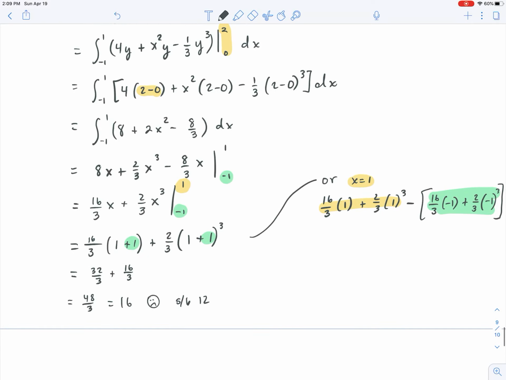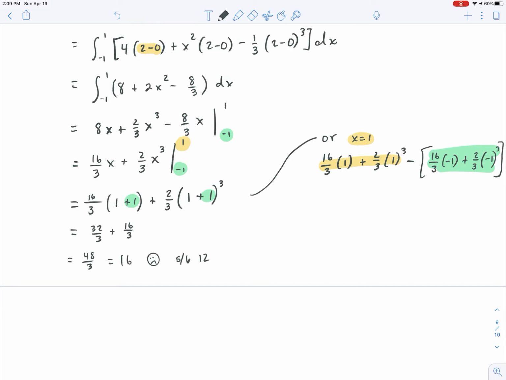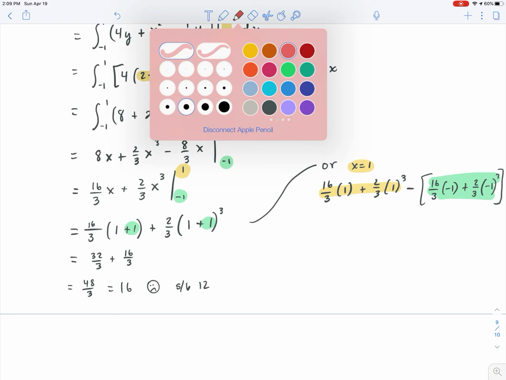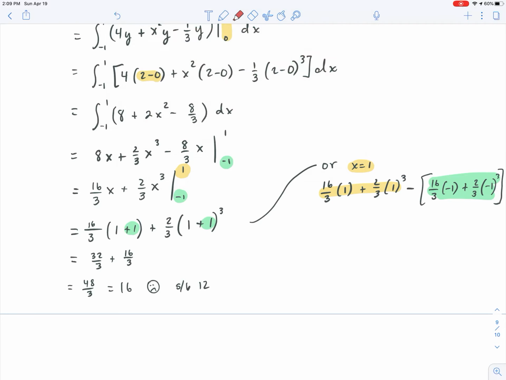I'll let you do it. I'm looking at my notes, let's see, the 2x squared plus 16 thirds. I have a slightly different thing here. I'm not sure. It should be 12 though.